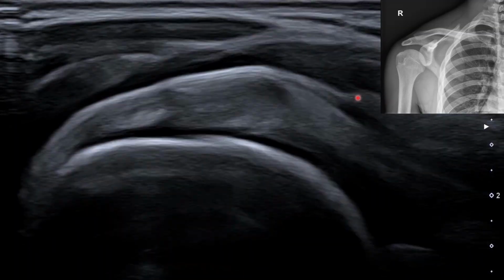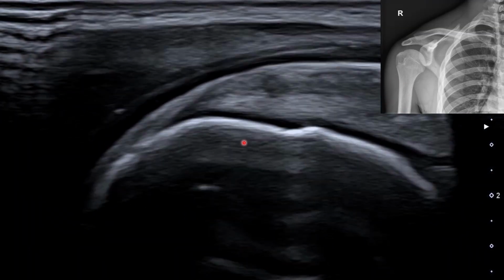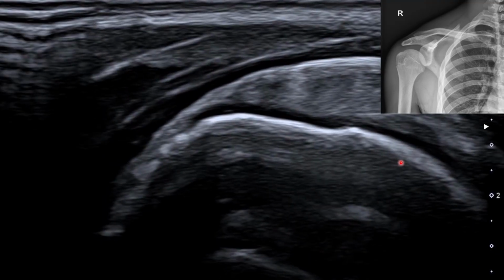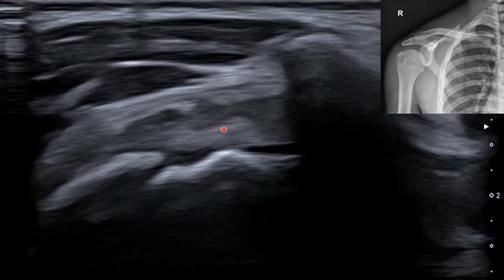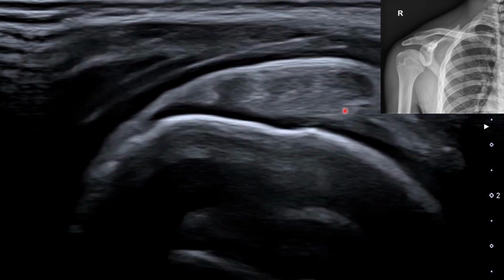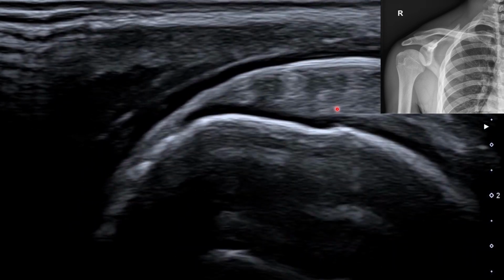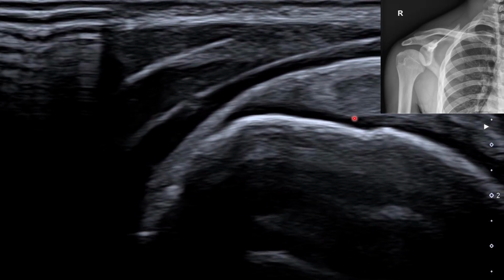The subscapularis was also very okay. You can appreciate what is going on there. Everything looks quite okay.